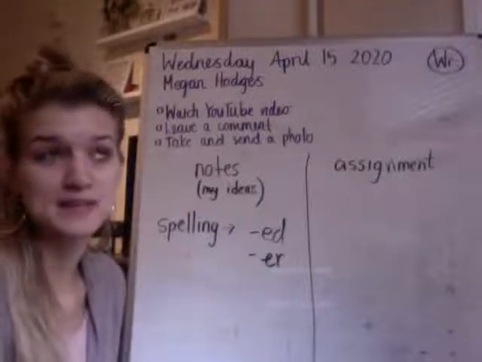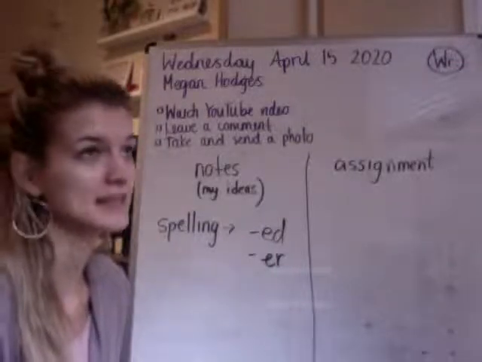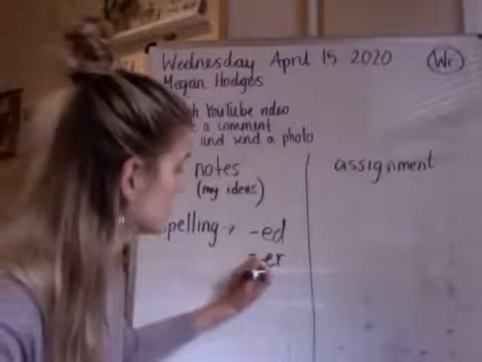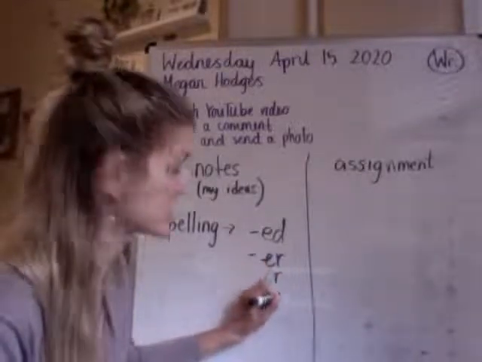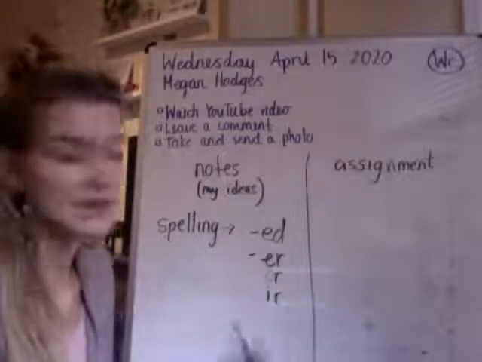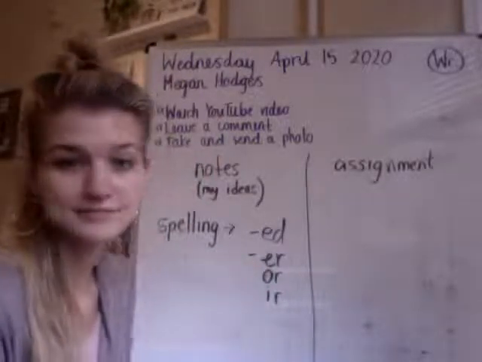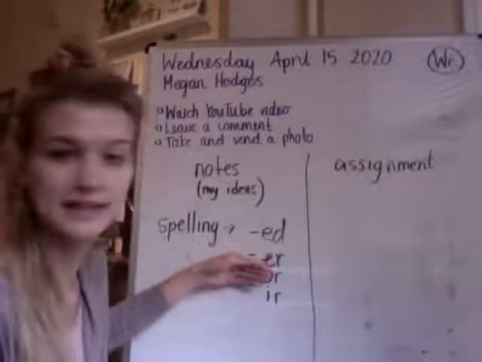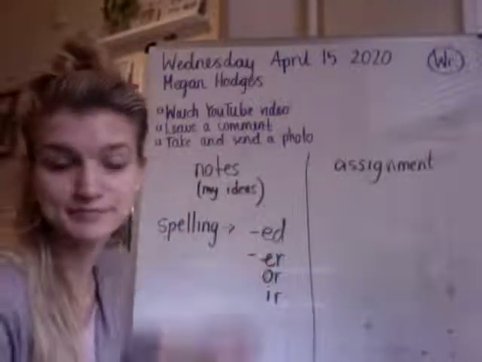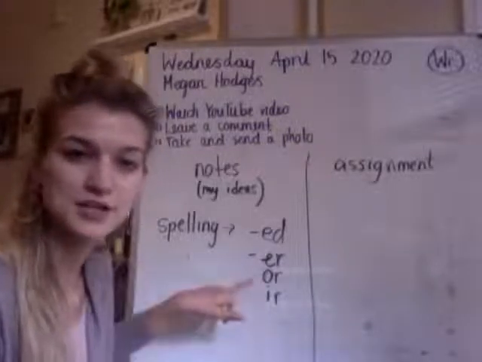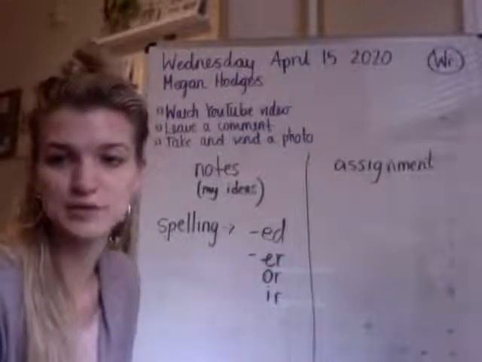I'm seeing people say things like, let me think, ER or OR or IR, actually. Because people are saying things like inventor, and they're not including that letter. They're just putting R. You guys have to make sure words end with those letters.